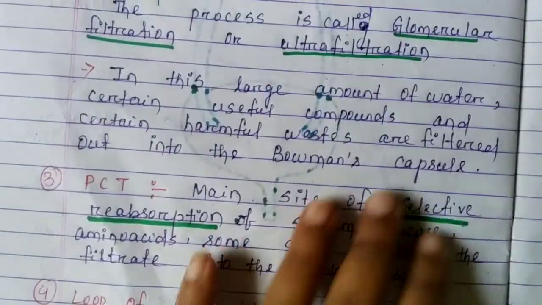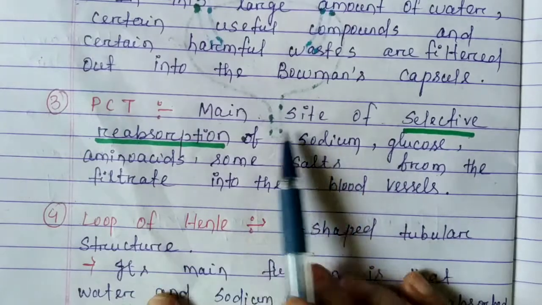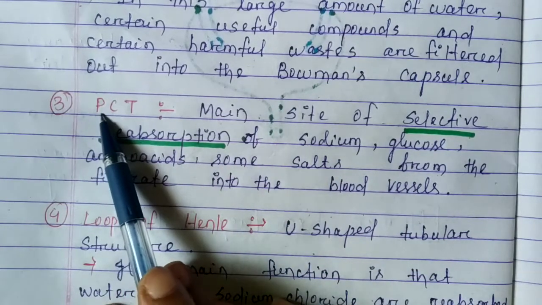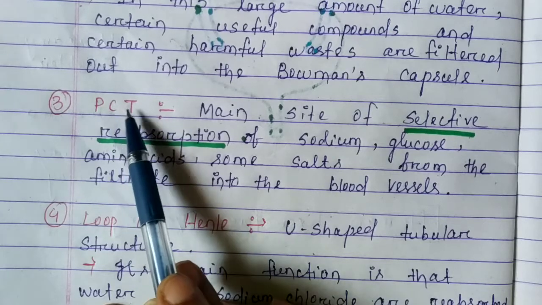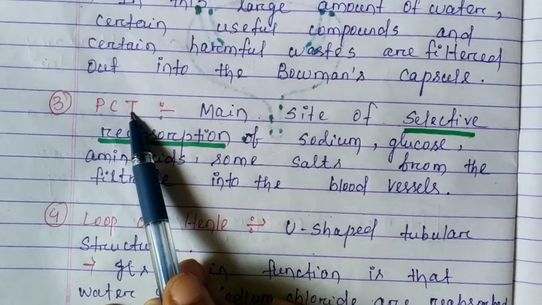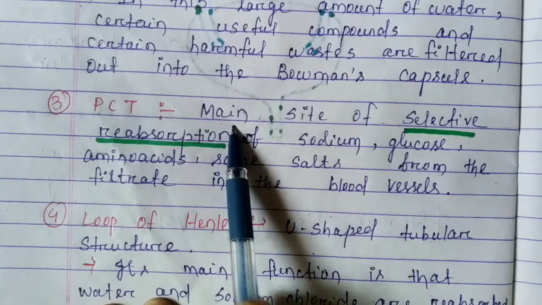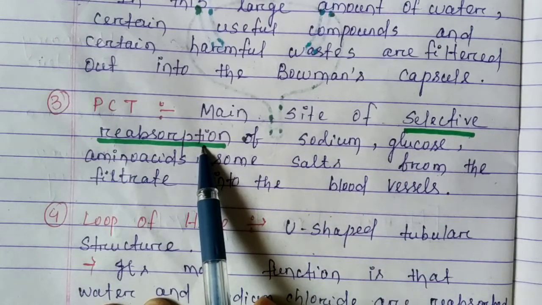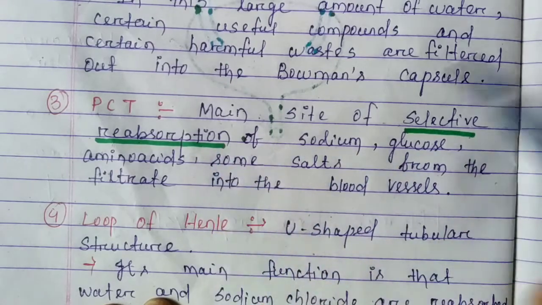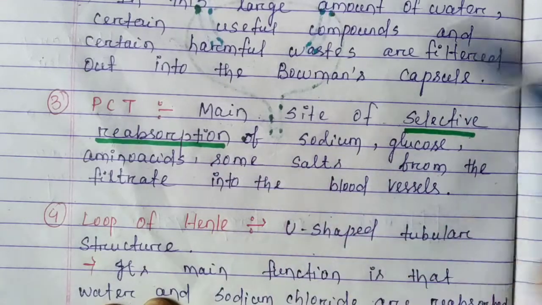What happens in the proximal convoluted tubule? Proximal means near to the Bowman's capsule. Convoluted means coiled structure, and tubule, of course, all of you know, is a tubular structure. This is the main site of selective reabsorption. Reabsorption means the useful substances which are filtered will be reabsorbed again into the blood vessels.